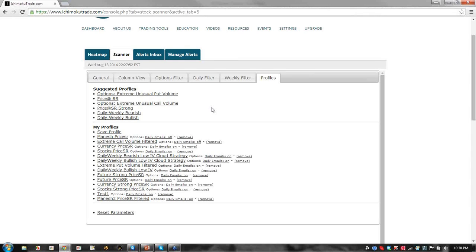Okay? And the reason why that's powerful is that if you could find an Ichimoku strategy on multiple time frames, you now have a higher probability of success. Not only do you have a higher probability of success, but you also have a better reward-risk ratio that could come with it.